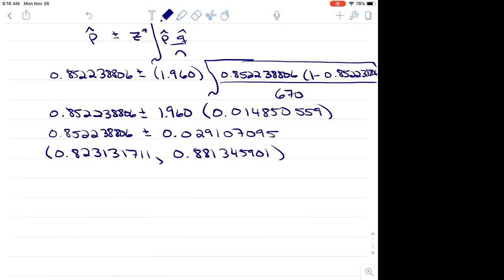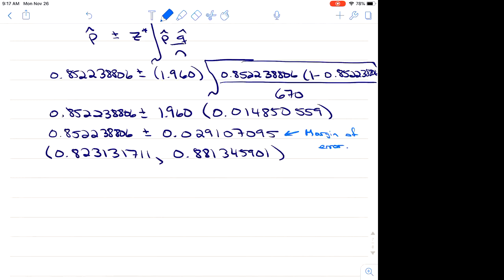Getting the same thing. Sorry, you said something. What's the 0.029? This is your margin of error. As a decimal, it's 0.029, or as a percentage, that would be 2.9%.